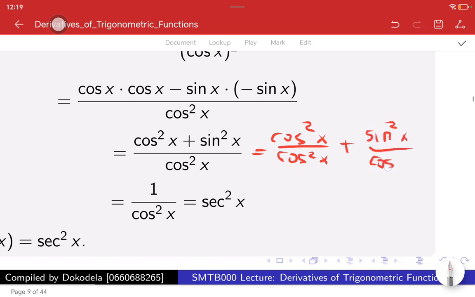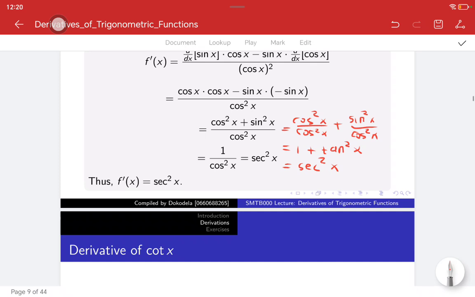You would still be correct. Then this will be equal to 1 plus, we know that sine over cos is tan, so this will be tan squared x. And we must know that tan squared x plus 1 is equal to sec squared x. This will still be correct if you were to do this. Then that will be the derivative of tan.